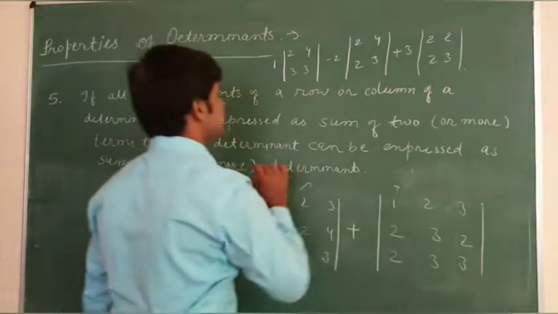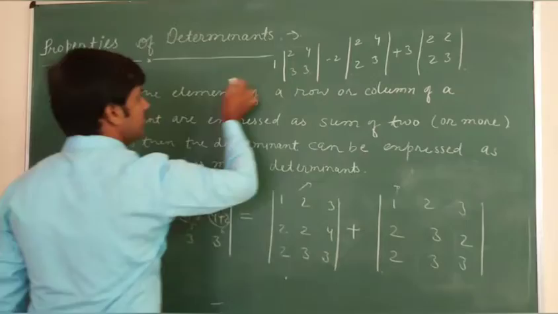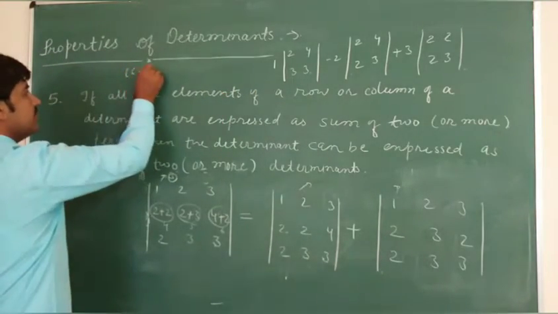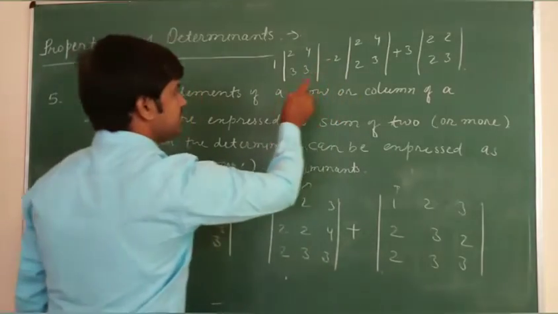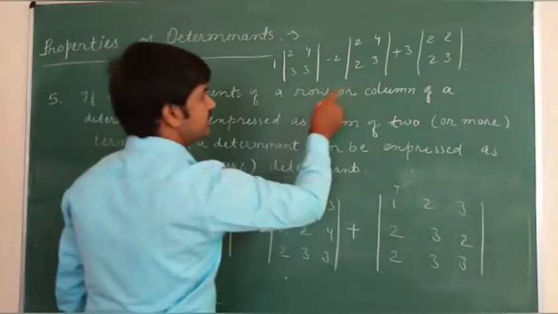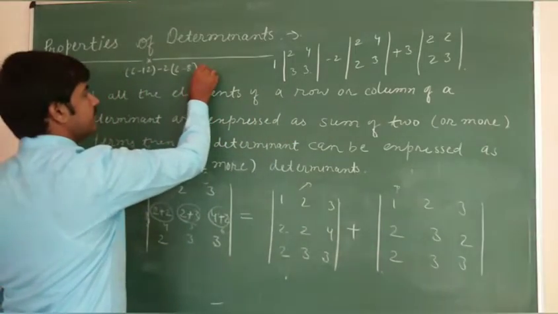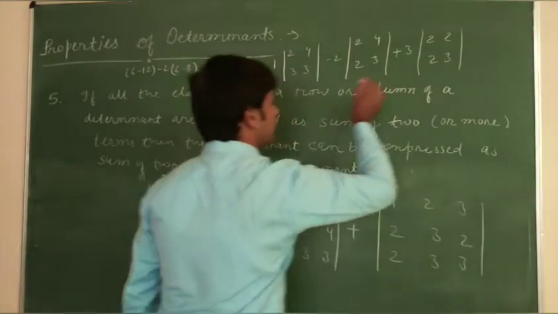When we simplify this, students, we get 6 minus 12, minus 2 times 6 minus 8, and then plus 3 times 6 minus 4.